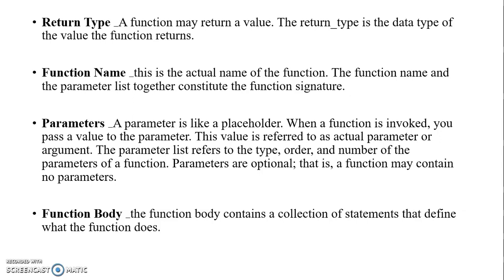You have to start with a character or only one special symbol, that is underscore only. So you can give any name. Like for the addition function, I am giving the function name as add, then addition, then capital ADD, small add, add1, 2, 3, anything. Whatever name you want to give for the function, you can give, but you have to follow the rules for the identifier.